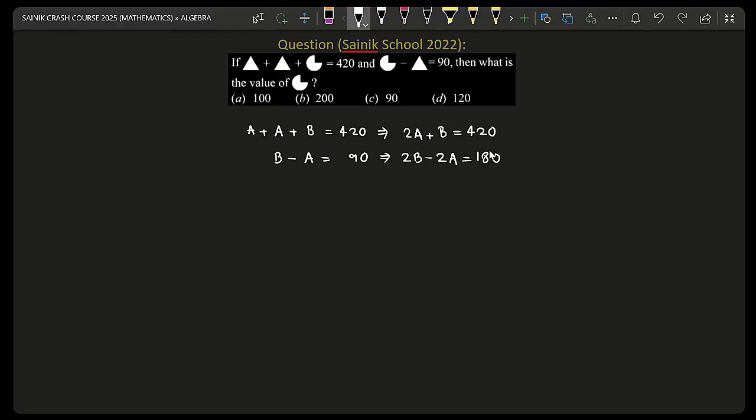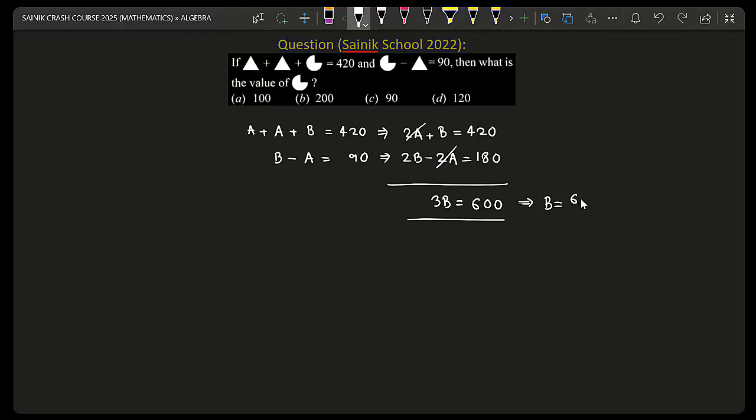Now in order to eliminate 2A, if I add these two equations, plus 2A minus 2A gets cancelled and we can get the value of B. So 2B plus B, in the simplest form 3B. 420 plus 180, that is 600. So 3B is equal to 600 we got. From this we can get the value of B.